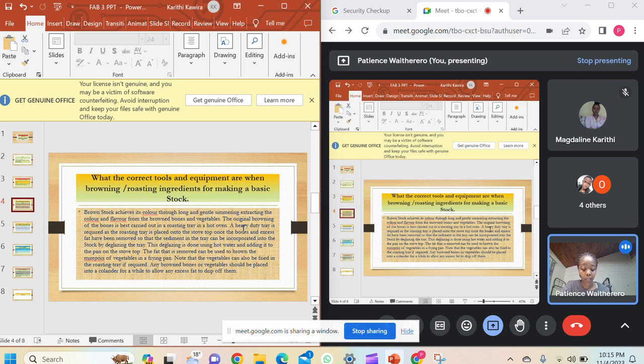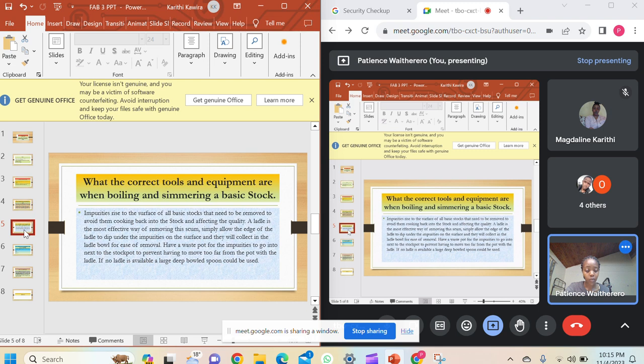I have said a soup ladle, a waste pot, large deep boiled spoon. When you're making stock, when you're simmering, you're exposing the stock to heat so that it boils for a long time and gives you the desirable stock that you need.